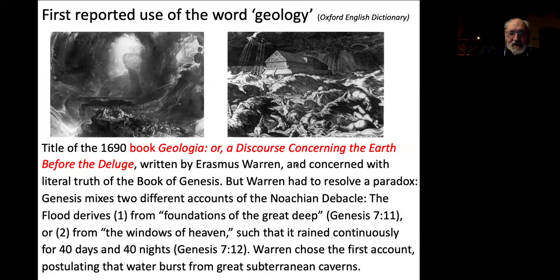Now, this is something beyond my geological discussion because it has a lot to do with biblical scholarship. But from what I understand, this is an indication of two different authors relating the account given in Genesis about the nature of this debacle.